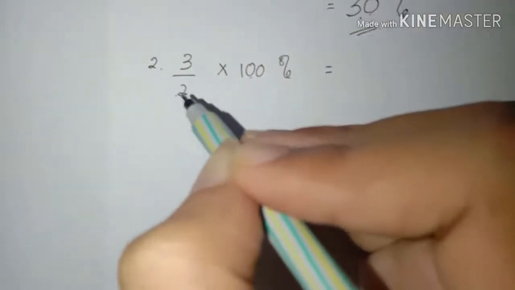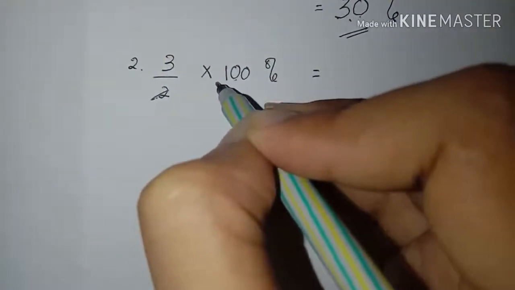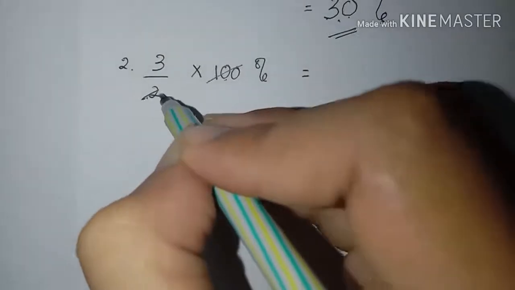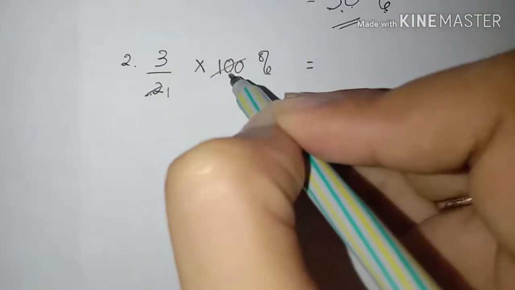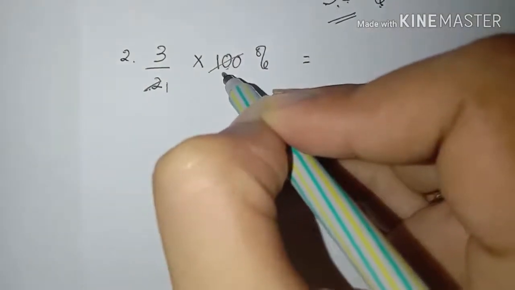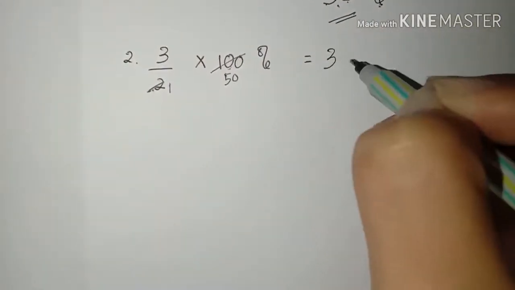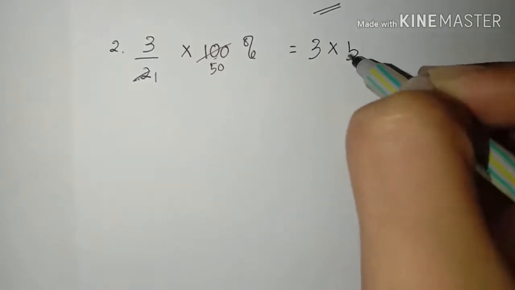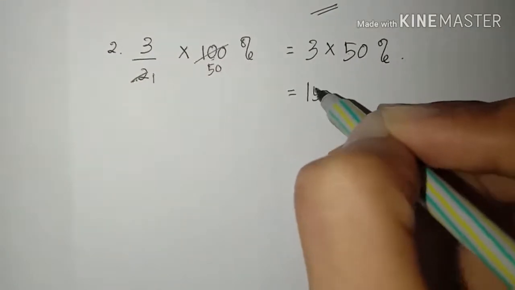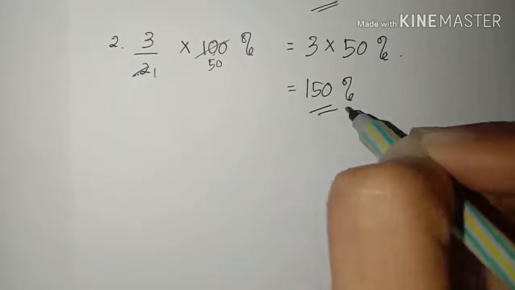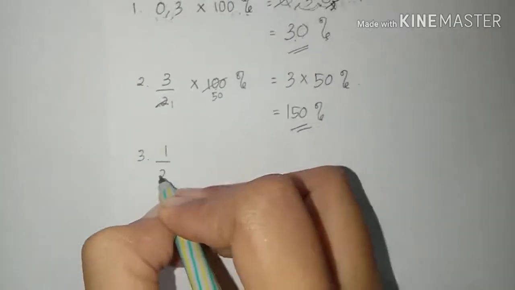So we can cross the 2 and 100. 2 divide 2 is 1 and 100 divide 2 is 50. So we can write 3 times 50%, so the result is 150%.